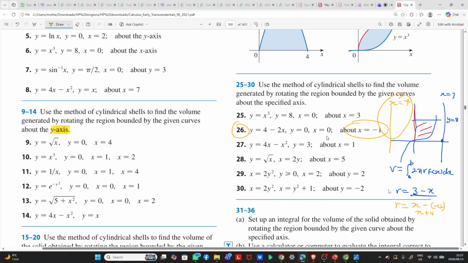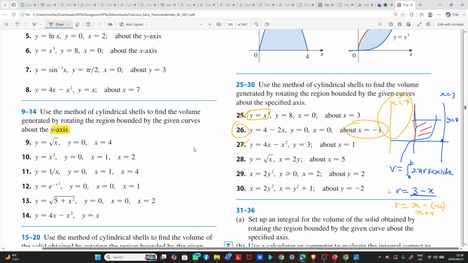And of course, our f of x for question 25 will be x cubed. We are not going to change that.